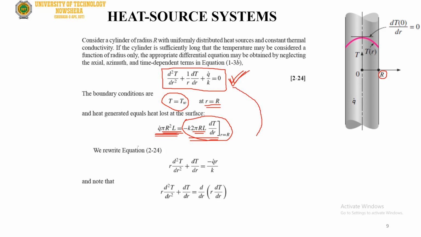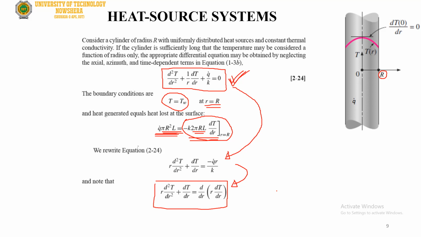We can rewrite this equation as this by rearranging it, taking this Q dot by K to the right side and multiplying both sides by this r. We get this equation, and from the product rule of differentiation we can rewrite this equation as this, which I have enclosed in a box.